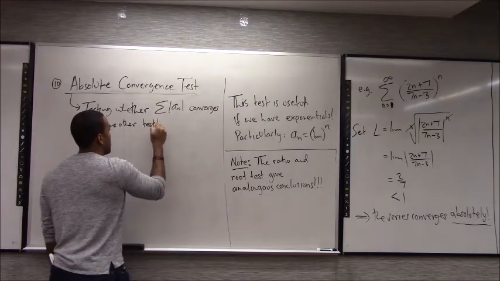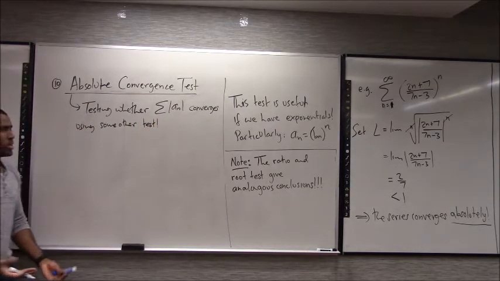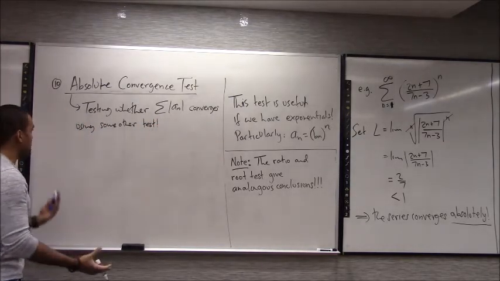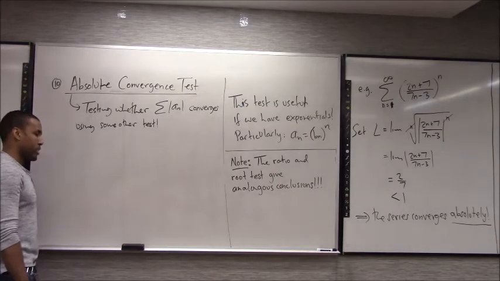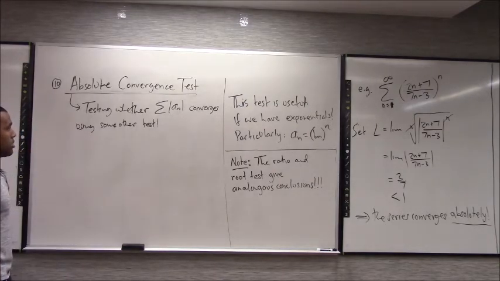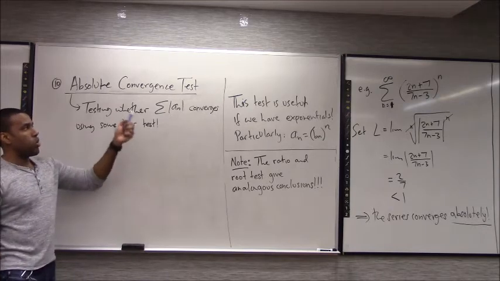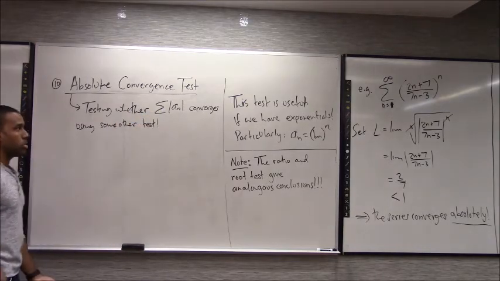So it's not really a test unto itself. It's just kind of maybe like a directive that you would use, right? Absolute convergence is you really caring about whether the series with absolute values will converge.